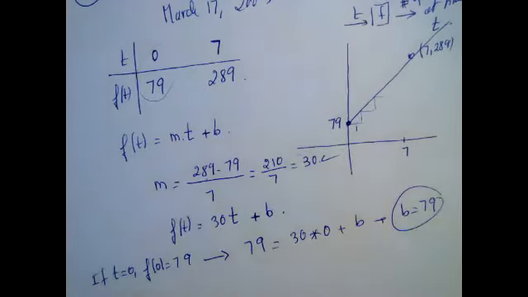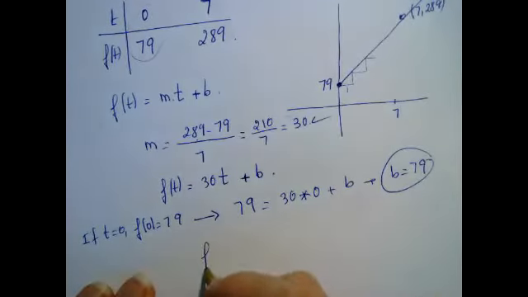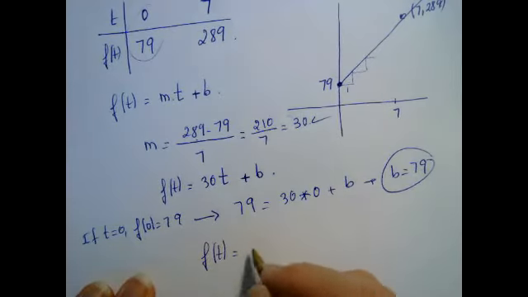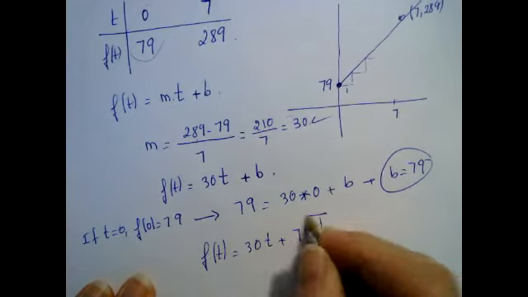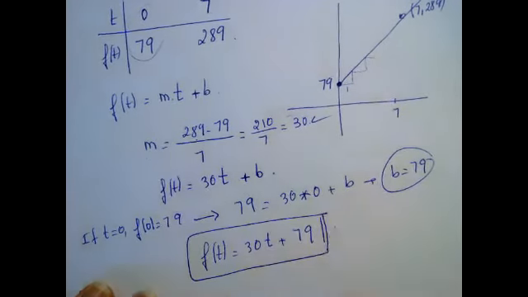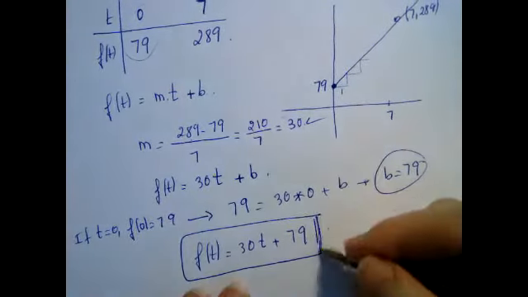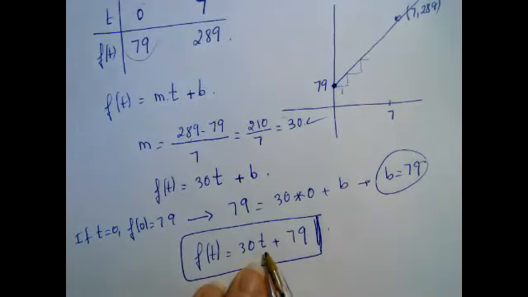So if you forget, you should be able to find B. So the formula will be 30T plus 79. Now if I want how many cases would there have been after 100 days, I plug in 100. I have my formula, so I can find the number of cases at any moment in time I'm interested in.